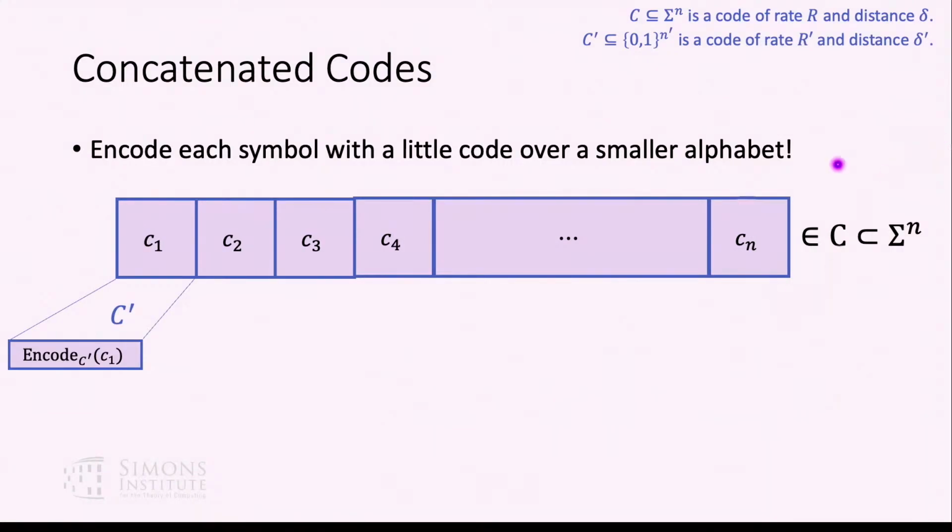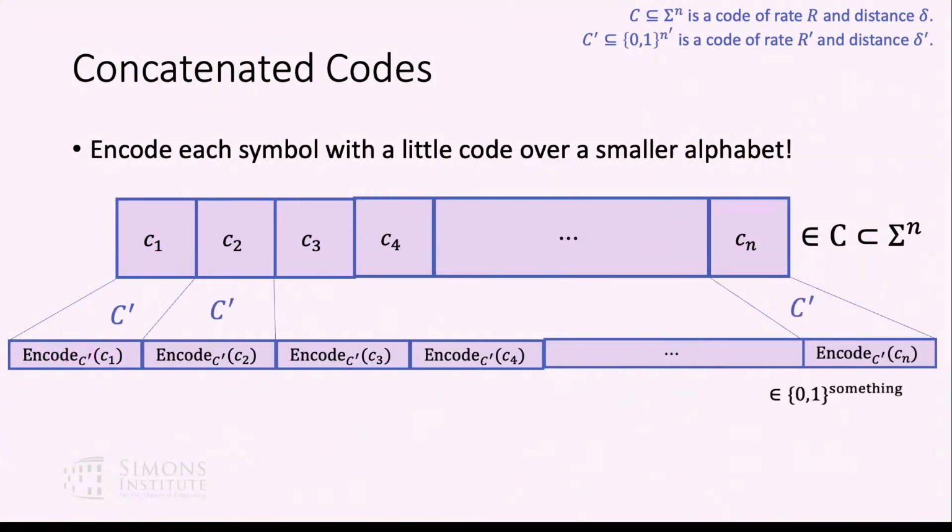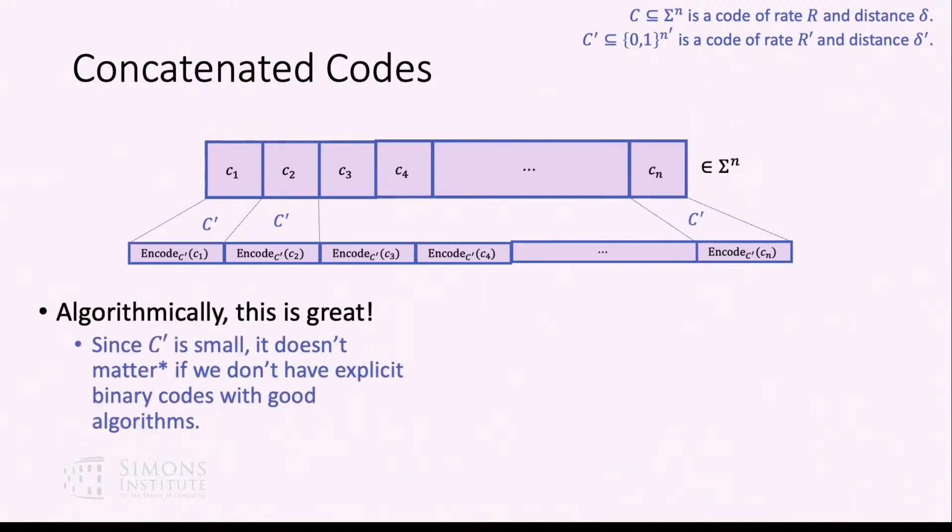I take c1, the first symbol of my codeword, and encode it with C prime to get a little binary vector. I do that for all of them, and then I get a final codeword that is binary. It lives in {0,1} to the something. Make sense? Cool.